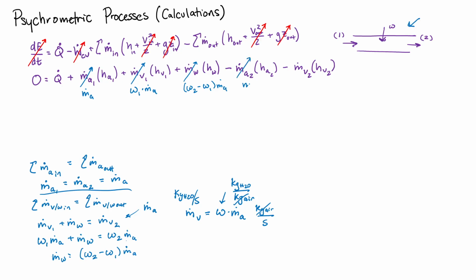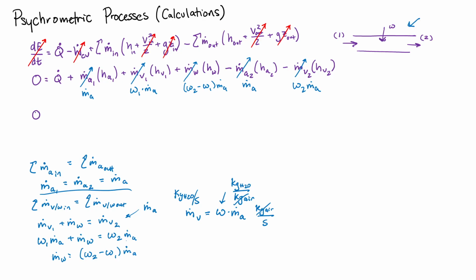M dot air 2 is just m dot air. And m dot v is going to be my omega 2 times m dot air. Which means that this m dot air can be pulled out of this overall equation. I'm going to leave this in a little bit more generic form.